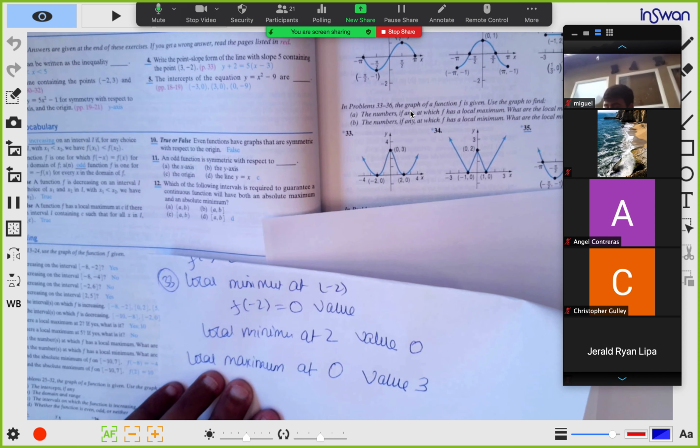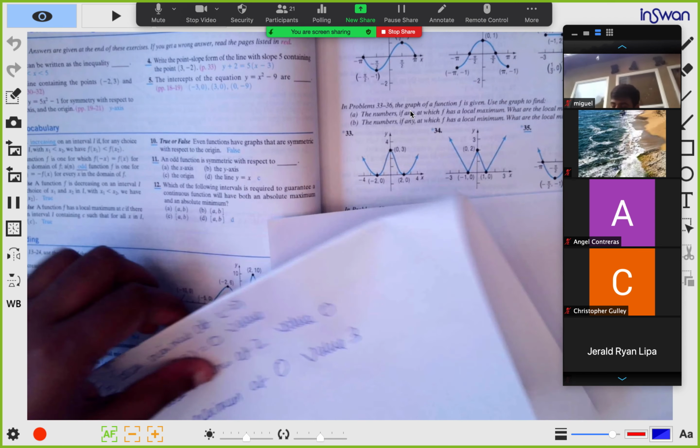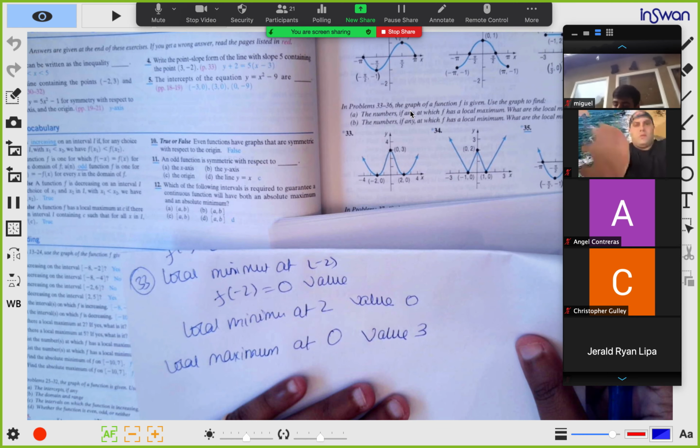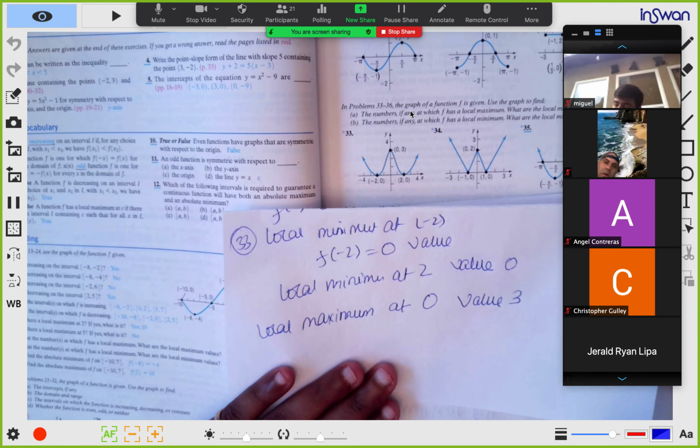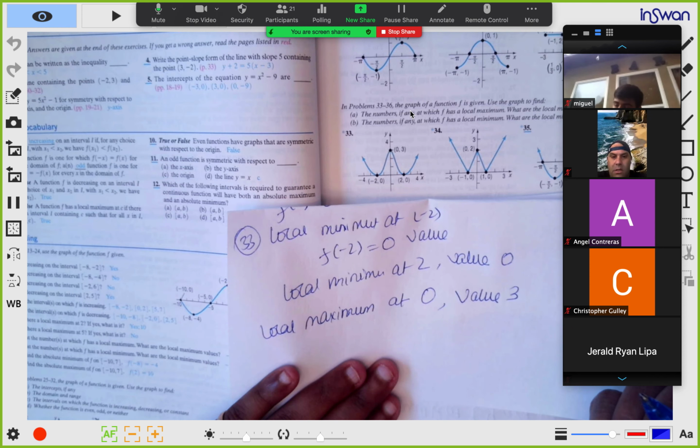Anyone has any doubt how to find local maximum and local minimum? When we write it, should we write local minimum at negative 2, 0? No, you don't write the negative 2, 0.